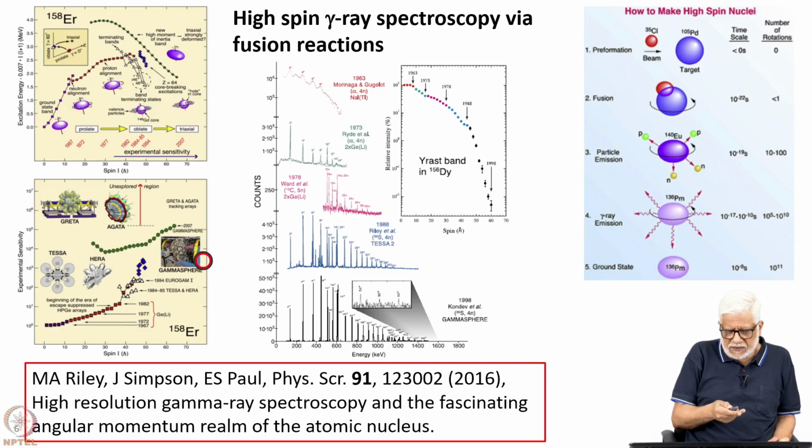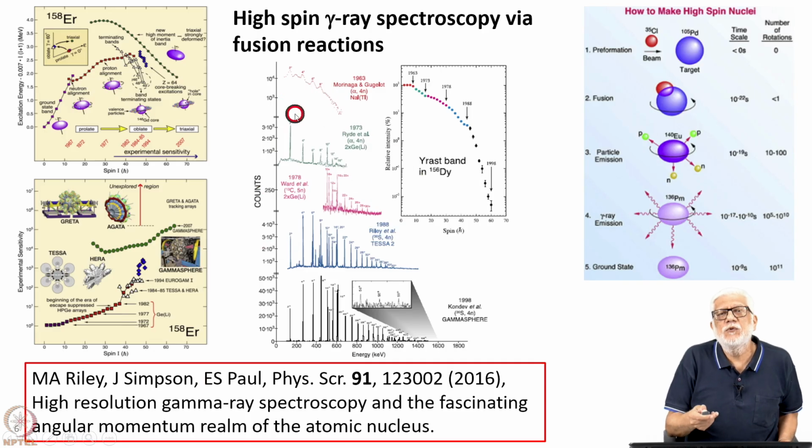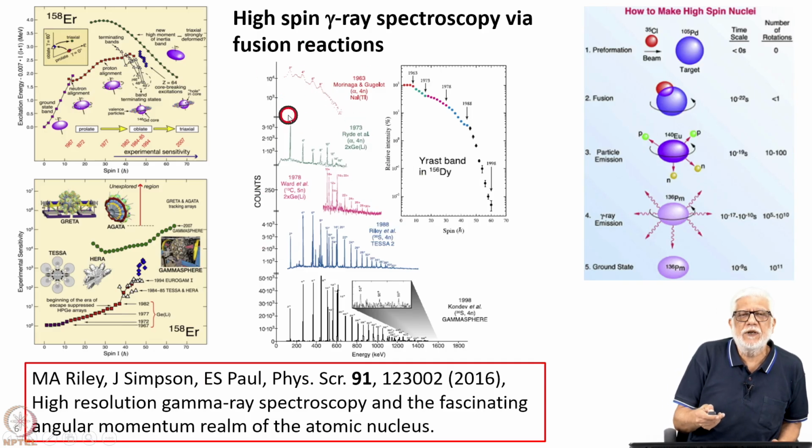So anyway, these are examples of gamma ray spectra. You can see that the early measurements using sodium iodide detectors were limited to this kind of spectrum. Only a few of the states could be seen.